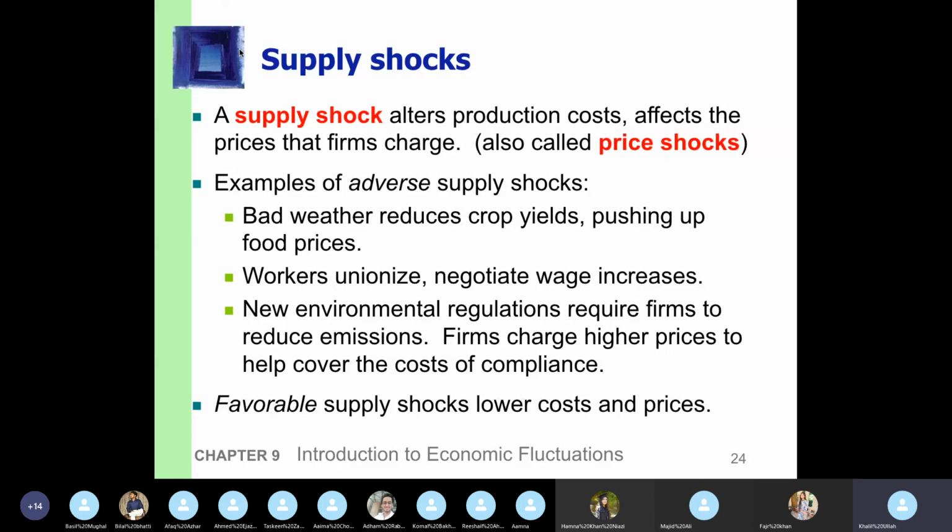Second example is about workers unionizing. Whenever workers unionize and negotiate a wage raise, this wage raise gets passed on to the customer. If the university's employees unionize and demand their pay being doubled, the university will have no problem doing that.